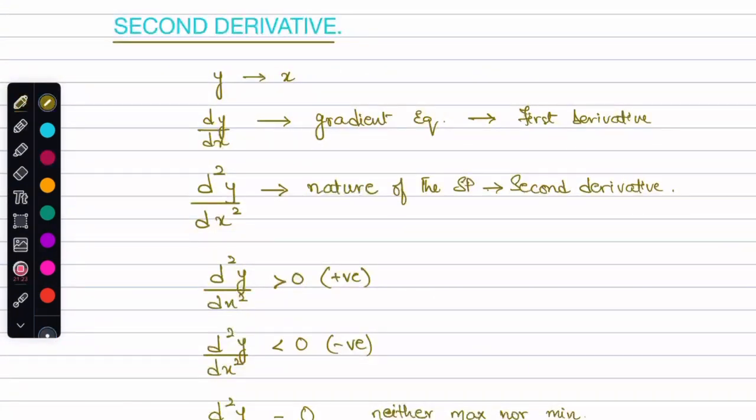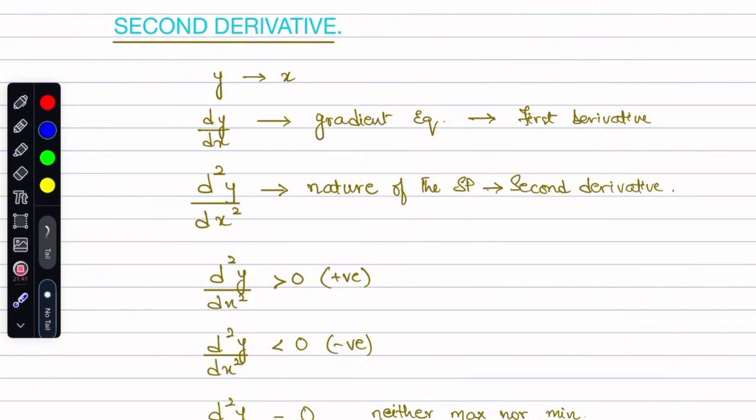As the topic has suggested, we shall be discussing the second derivative here. So what is a second derivative? We have seen up till now that an equation is given for y in terms of x, for which we can have the first derivative dy by dx.